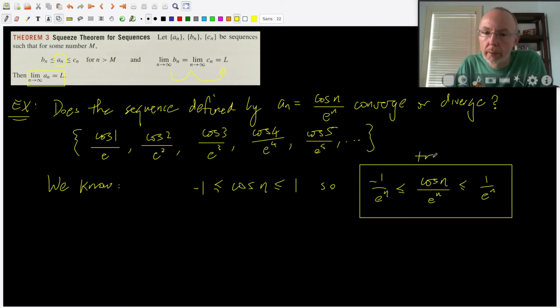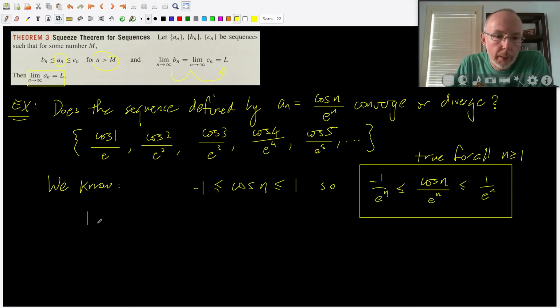And this inequality is going to be true, in this case, for all n greater than or equal to, well, it would work for 0 maybe, but I started my sequence at 1, so let's just say 1. The point with the squeeze theorem is it only has to be true eventually. It doesn't matter if it's not true for a couple of terms, because we're looking at what happens a long way down the sequence, at values when n is really large.